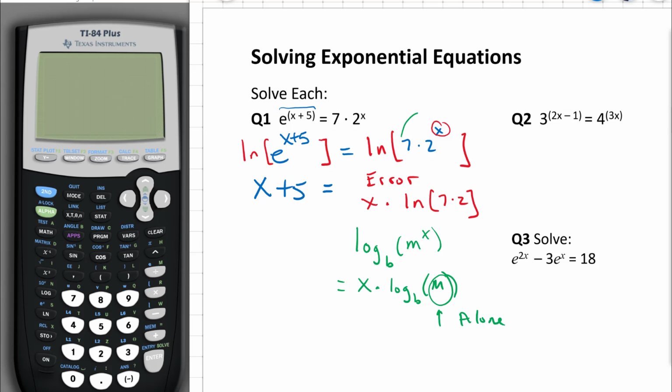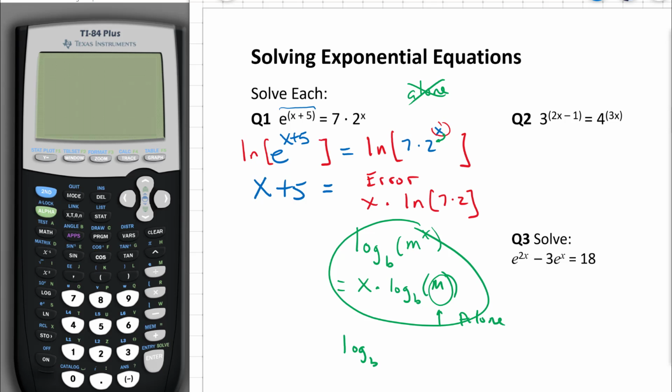Here, the base is not alone. I have a 7 multiplying it, so that x is only on the 2, but this is all messed up. This exponent law, the green one, doesn't apply. I cannot use it on this problem because of that 7.